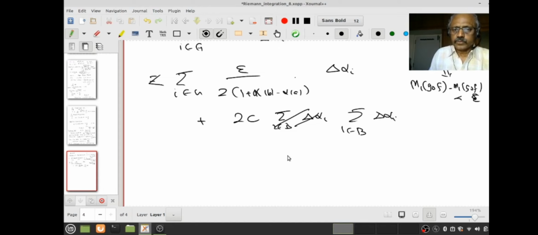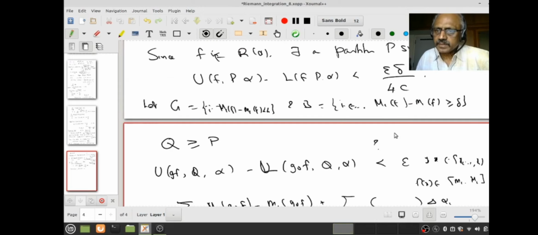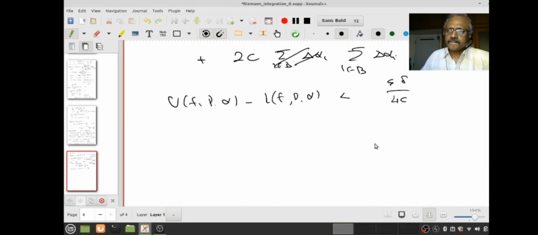Now we want an estimate for delta alpha I. What is delta alpha I? Since U of P alpha minus L of P alpha is less than epsilon delta by 4c, am I correct? Right.